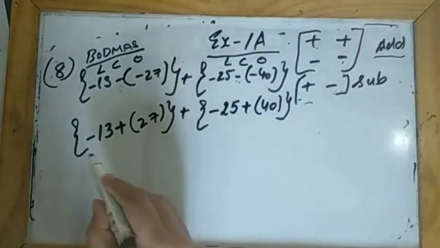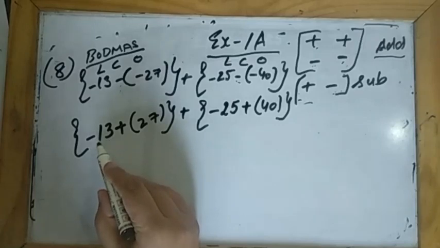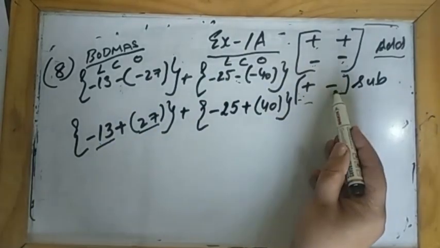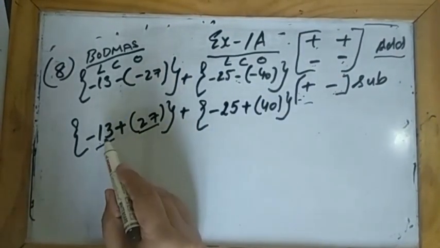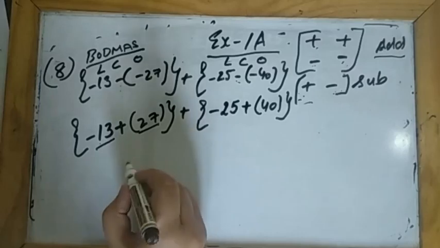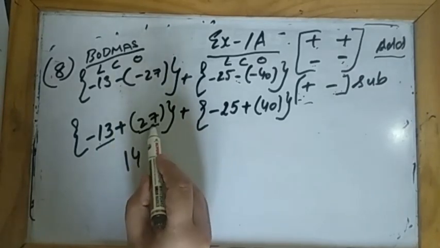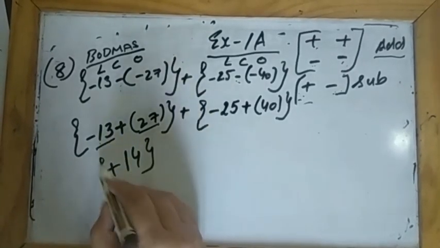So first of all, you solve within the brackets. In the bracket I can see this is a negative number and this is a positive number. When you have one negative, one positive, you have to subtract them. So I subtract 13 from 27, this will become 14, and the bigger number is 27, so the answer will be plus 14.